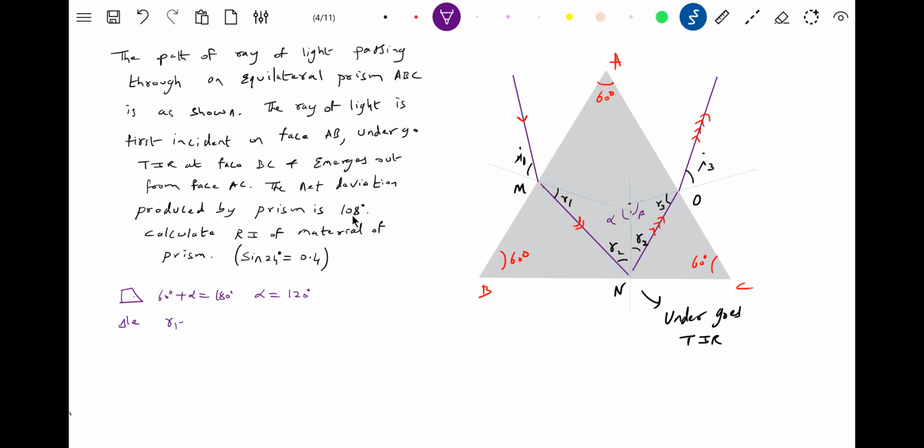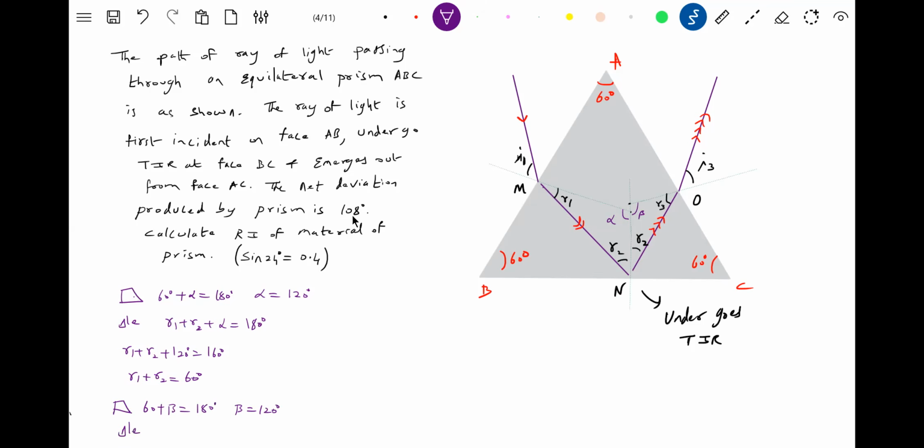The sum of angles will be R1 plus R2 plus alpha equal to 180 degrees. Alpha is 120. Similarly, in the quadrilateral, 60 plus beta equal to 180 degrees, beta equal to 120 degrees.